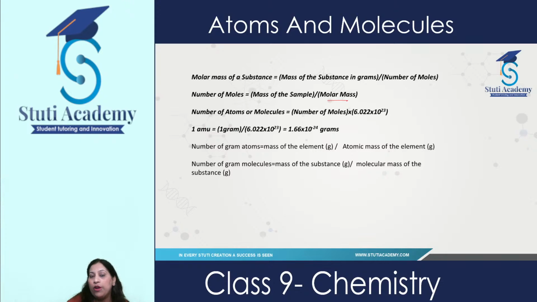To find the number of molecules or atoms, it is the number of moles multiplied by Avogadro's number, and 1 AMU is equivalent to 1 gram upon Avogadro's number. For the number of gram atoms, it is the mass of the element upon atomic mass. For the number of gram molecules, it is the mass of the substance upon molecular mass. Keep these formulas in mind when you want to solve all the numericals.